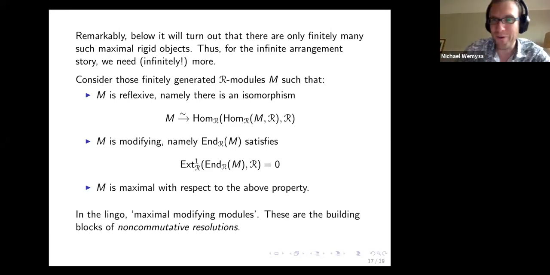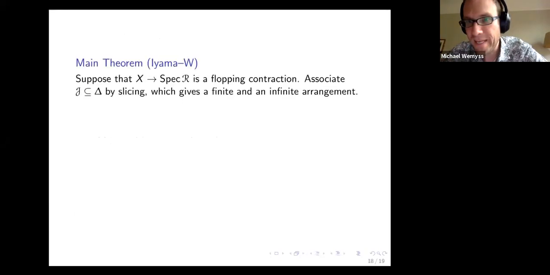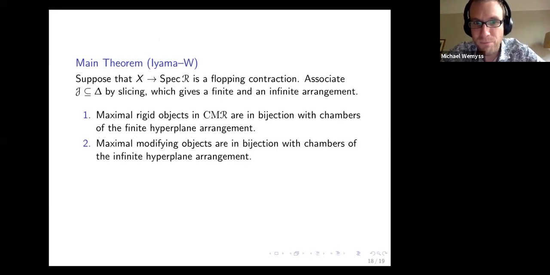Good. I have one slide with a theorem, and then I have to explain the very first picture on my slides. The main theorem is basically that these things are the same. You have a flopping contraction, a three-dimensional birational surgery, and by the slicing slide, you get both a finite arrangement and an infinite arrangement. These maximal rigid objects in this category are in bijection with the chambers of the finite arrangement, and the maximal modifying objects are in bijection with the chambers of the infinite arrangement.